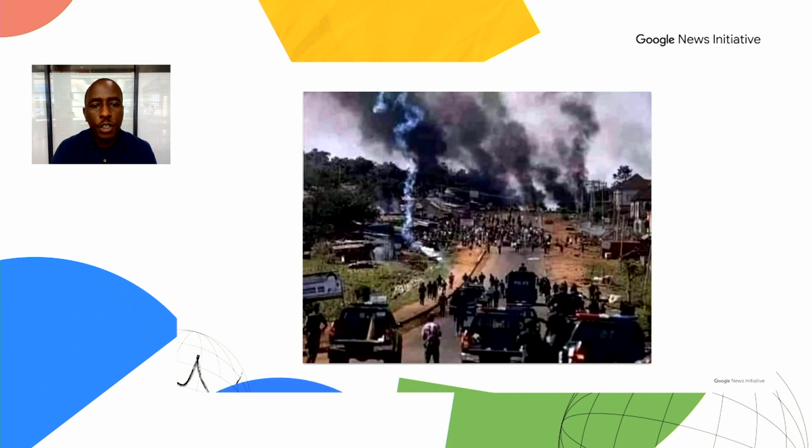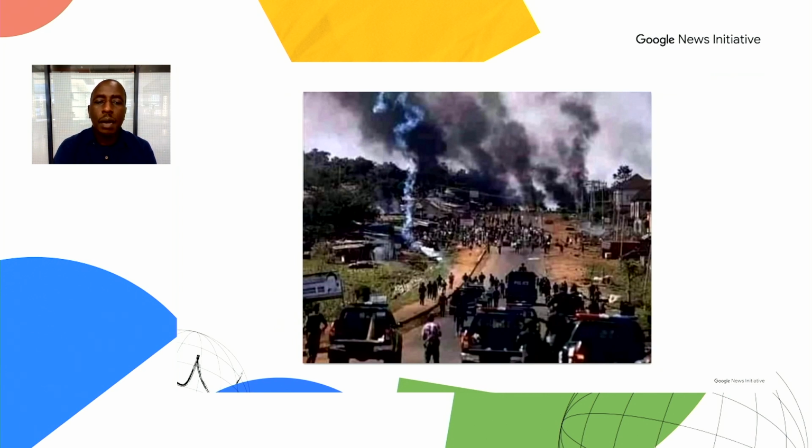This image was posted on Facebook claiming that there were violent protests in Kampala, pitting supporters of presidential candidate Bobi Wine and government forces. But the real context is demonstrations in Nigeria in October 2020 during the End SARS protests.